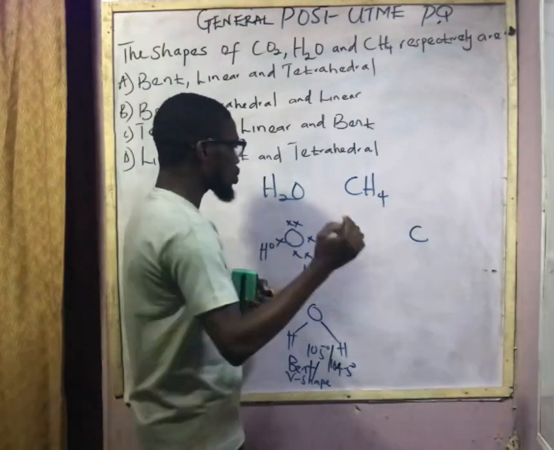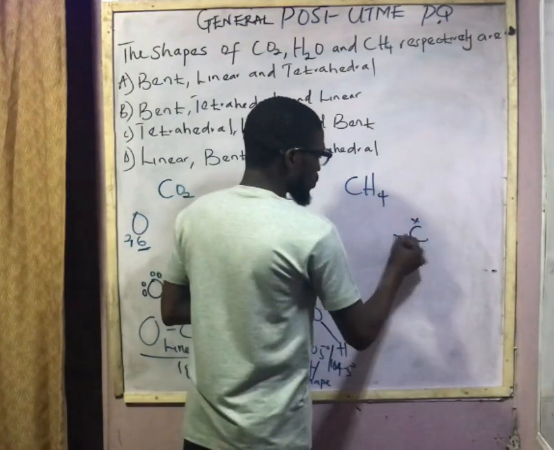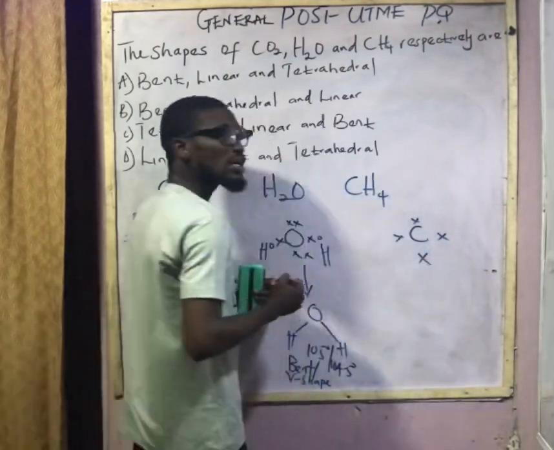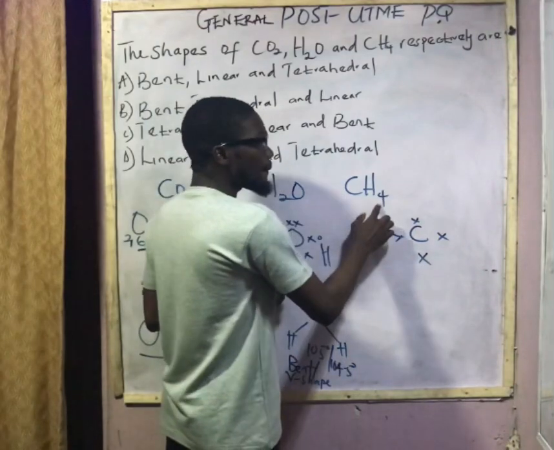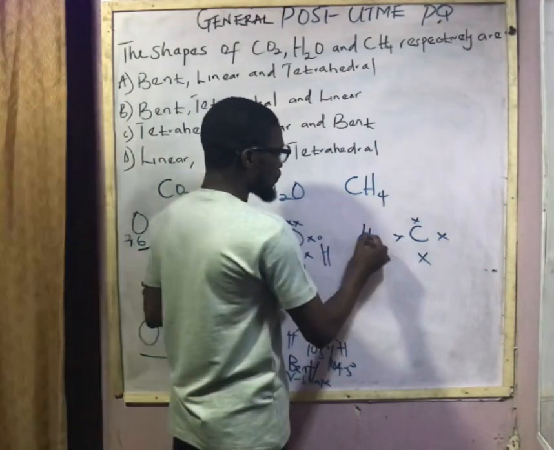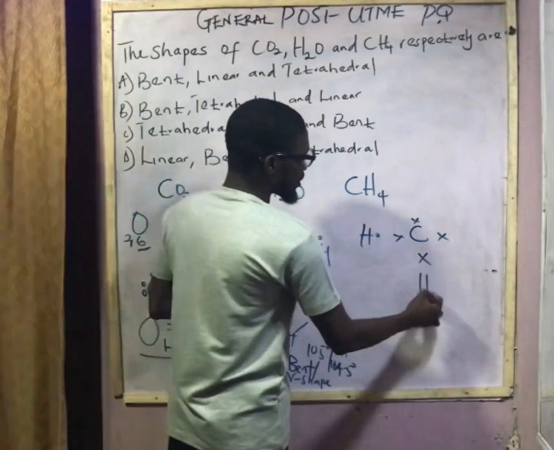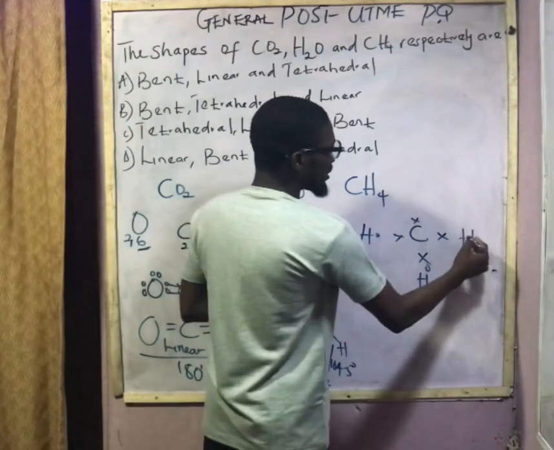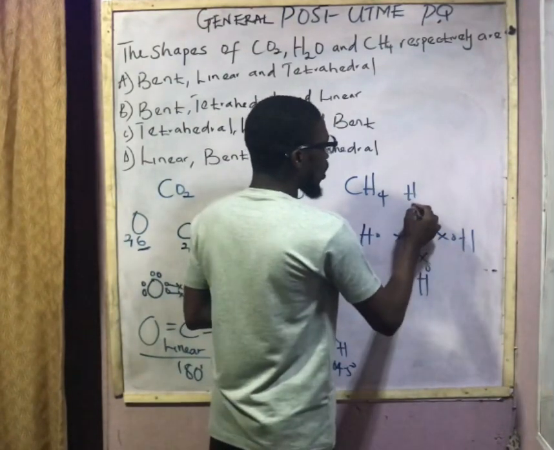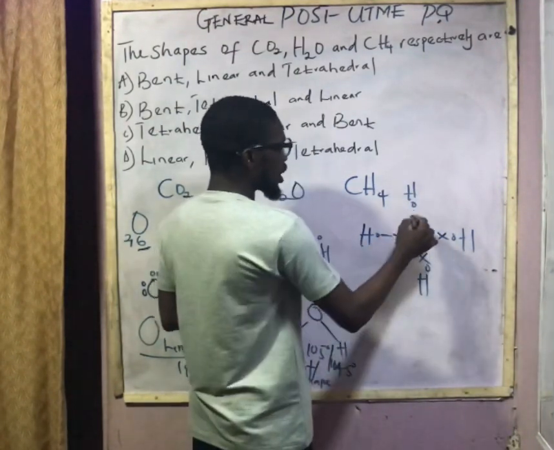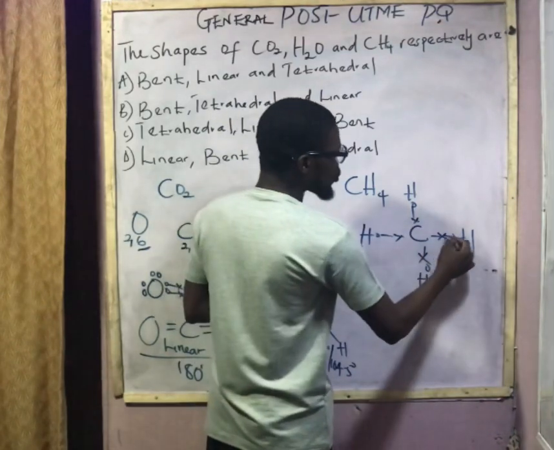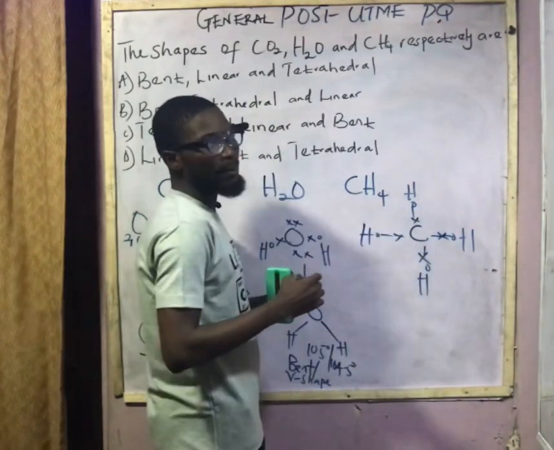Is that clear now? So now we have 1, 2, 3, 4. And we have 4 hydrogens. This is the first hydrogen here, we have the second hydrogen here, we have the third hydrogen here, and we have the fourth hydrogen here. So when you combine these together, we have the structure of methane.